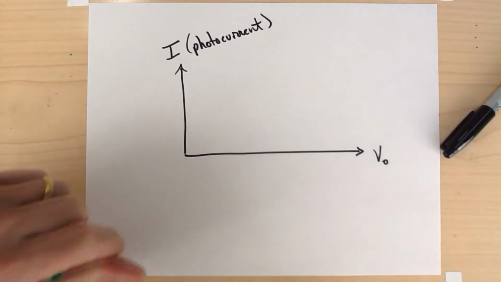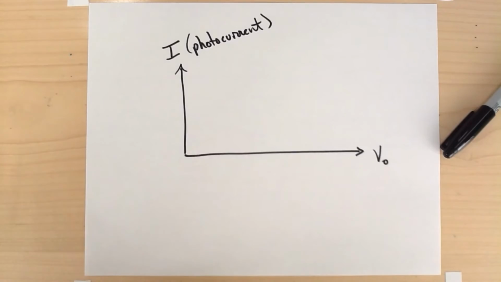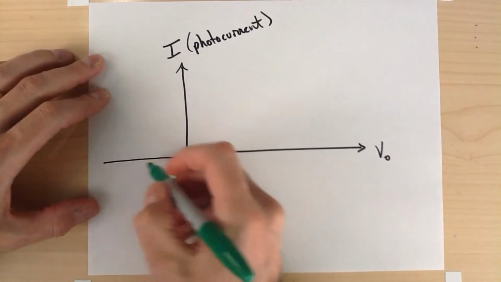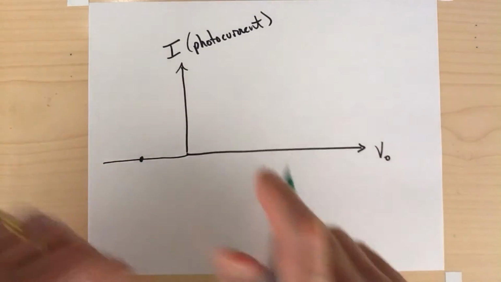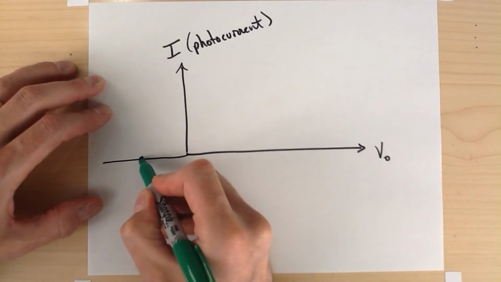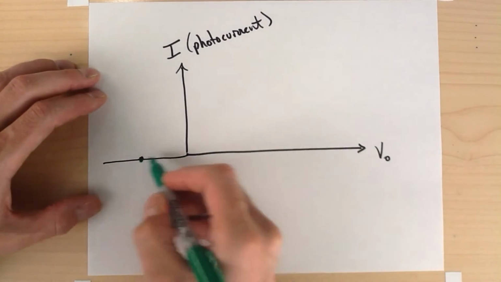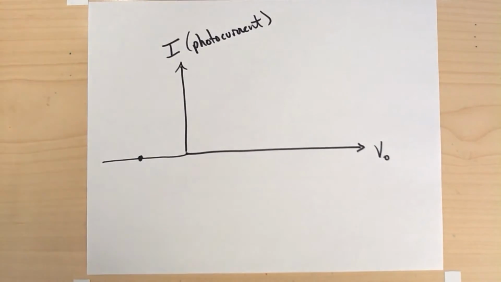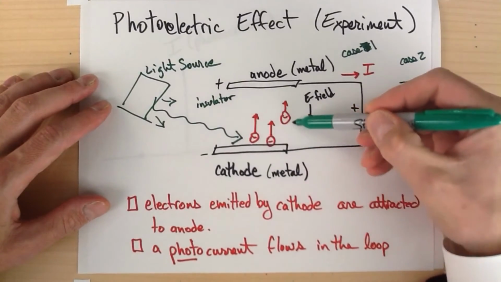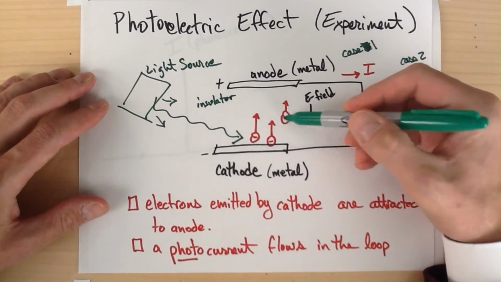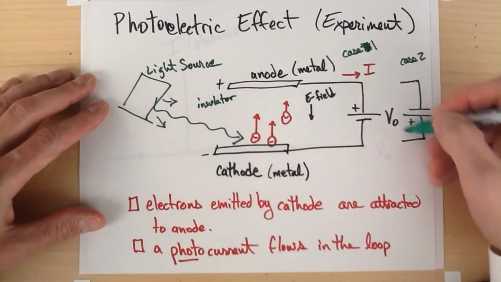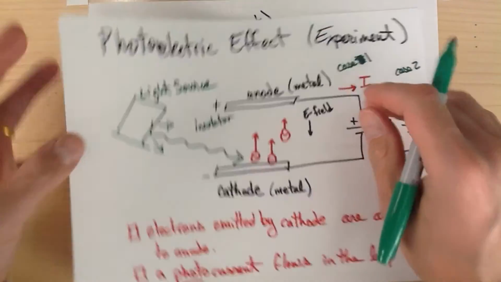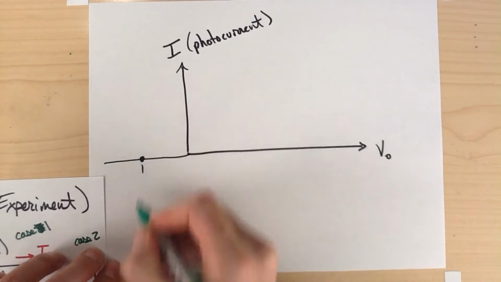Okay, well, first we know that if we have light intensity, if we have a low light intensity, let's say it's a dim light, well, it turns out that at some negative voltage, which is not 0 generally, the electrons that are emitted from here are going to be so repelled by the negative voltage here that they're not going to lead to any current at all, and none of them are going to reach the anode. So that's some negative voltage here.